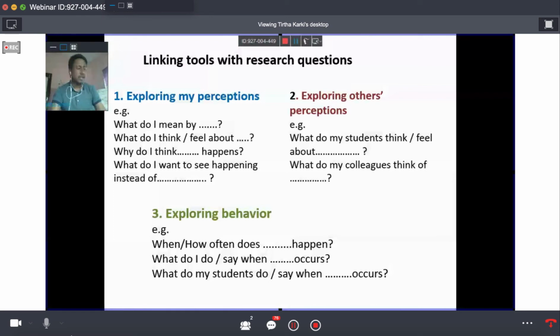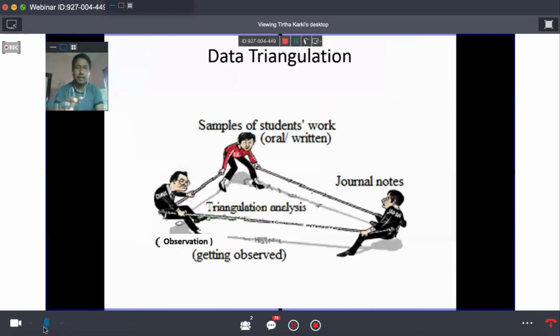Now, very briefly, I think we don't have more time. So I want to suggest you to triangulate the data. Here, data triangulation means that you collect data using different tools. You collect data addressing 3 different areas. It means exploring self-perception, exploring others' perception, and then exploring behavior. So use different tools, maybe classroom observation, self-reflection, interview with the students, focus group discussion, even talking with the colleagues, and so on.